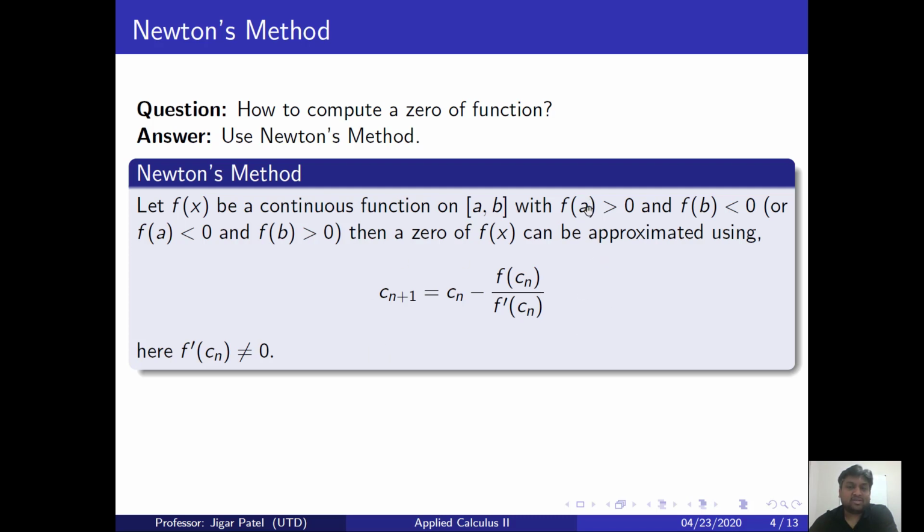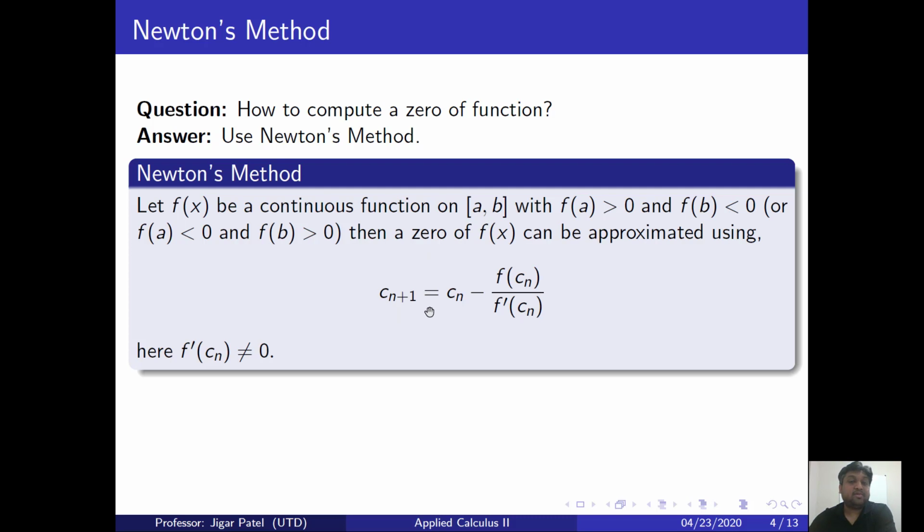Our standard choice for c0 will be the left endpoint, but if you start with the right endpoint of the interval, or somewhere between, that will be fine too. I would start the process with one simple point inside a and b. a might be the ideal choice.